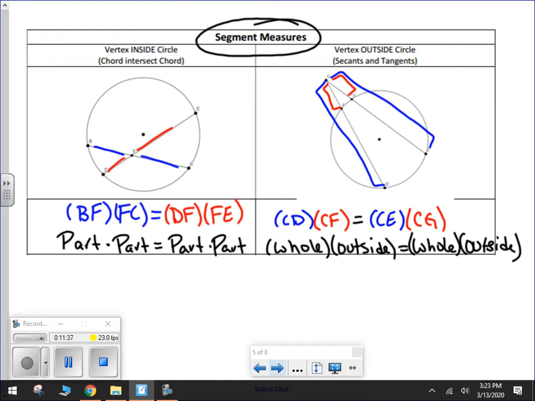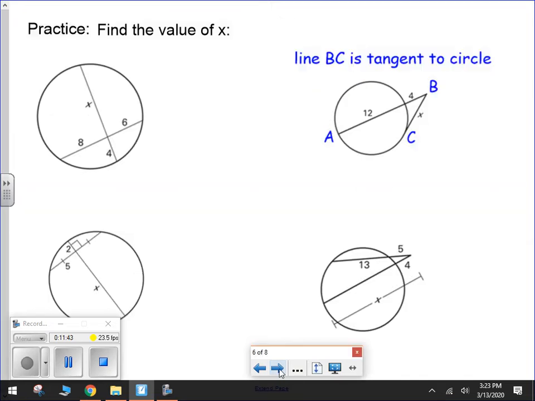All right, so now that you've tried the problems, let's go through them. In A, I have my vertex inside the circle, so that's how I know that I'm going to do a part times a part because I'm finding a segment, I'm finding x. So I'm doing part times a part equals a part times a part. Okay.